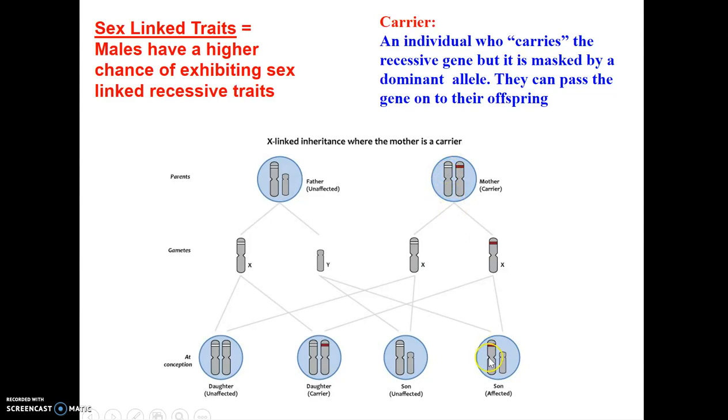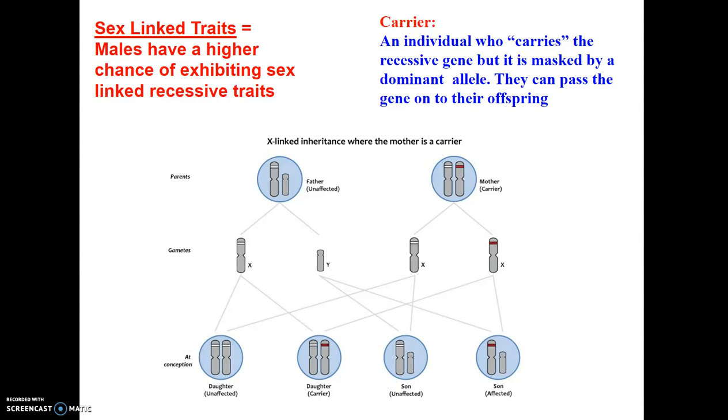Whereas in a male, if a male has the X chromosome with that recessive trait on it, he doesn't have another X chromosome to kind of cancel that out. He doesn't have the normal X chromosome there, and so if the recessive X-linked trait is on the chromosome, the male is going to exhibit it. And so with these X-linked traits, if they're recessive, males typically have a higher chance of exhibiting those traits.